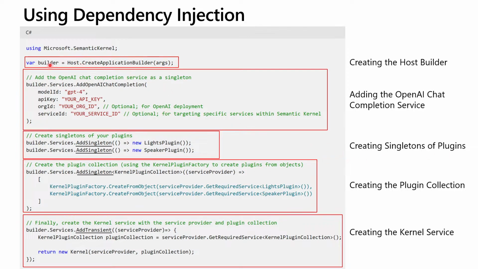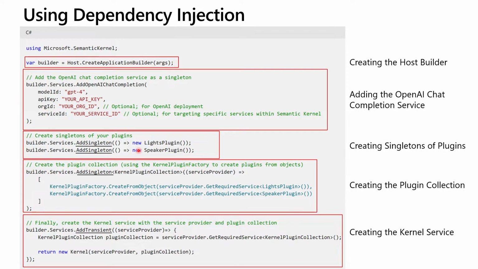Here, we will create a builder, then give the details of my OpenAI endpoints, add the OpenAI chat completion service, then create singletons of your plugins. Why? Because those plugins are static. I don't need to create a new instance every time I call it.